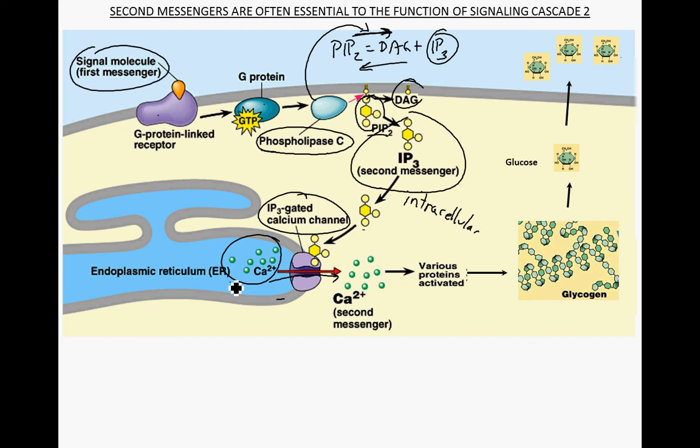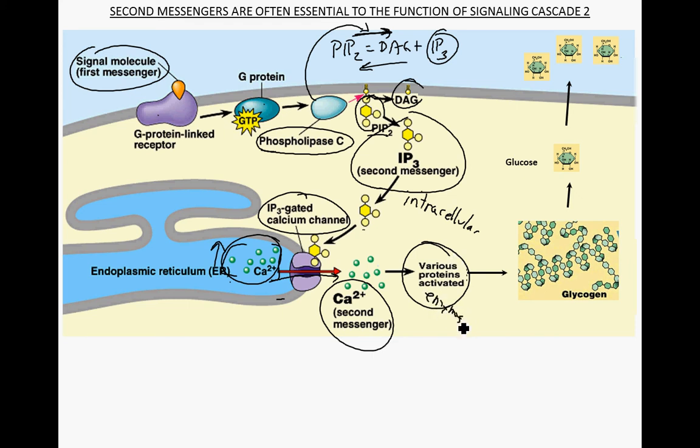So this endoplasmic reticulum is a storehouse for calcium ions. It turns out that this calcium ion being released into the cytoplasm is itself also an example of a second messenger. For various reasons that we can talk about in class in detail, this calcium ion will activate various proteins, meaning enzymes.